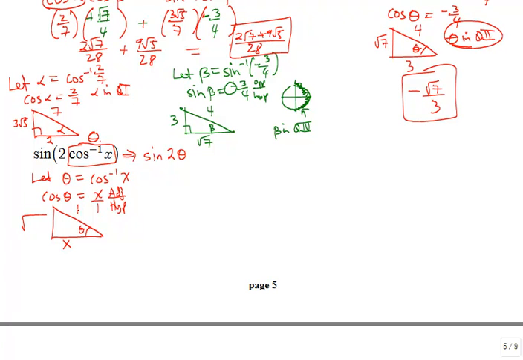This side needs to be the hypotenuse squared, which is 1, minus the adjacent side squared, so x squared. So there are my 3 sides. What I want to do next is figure out sine of 2 theta. Unfortunately, this triangle is for theta, not for 2 theta. So I can't just do opposite over hypotenuse here. That would be incorrect, because that's what sine of theta is. That's not what sine of 2 theta is.